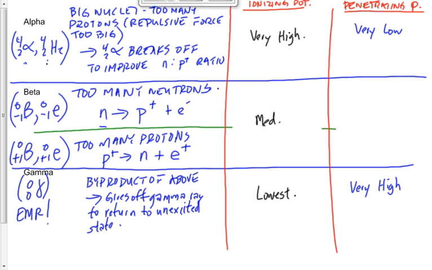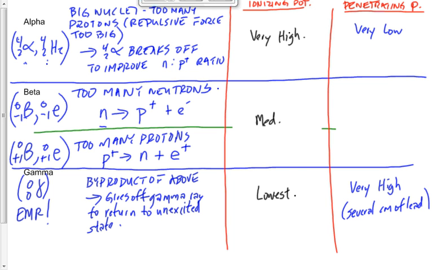You'll need several centimeters of lead to protect you from gamma rays, lead or concrete. Hold up a couple sheets of paper with gamma rays, it's not even going to blink. It goes right through your body. Of course it's going to go through a few sheets of paper.